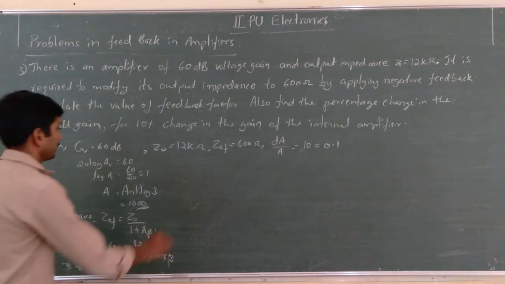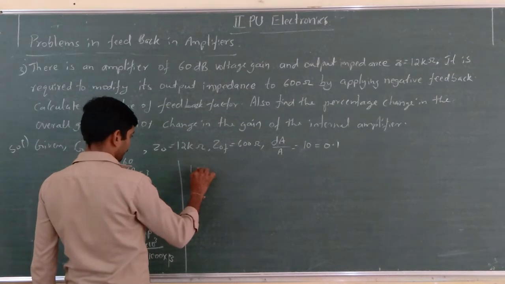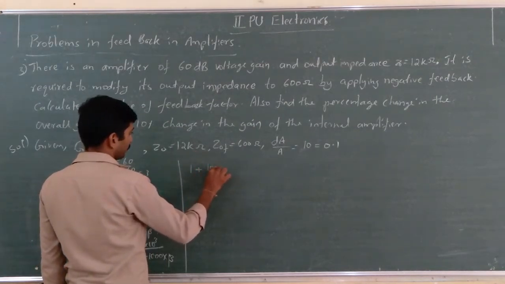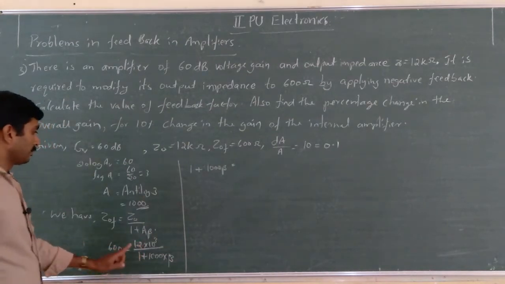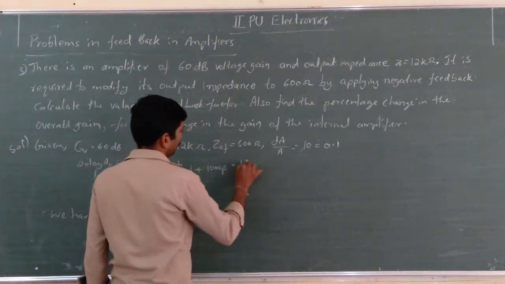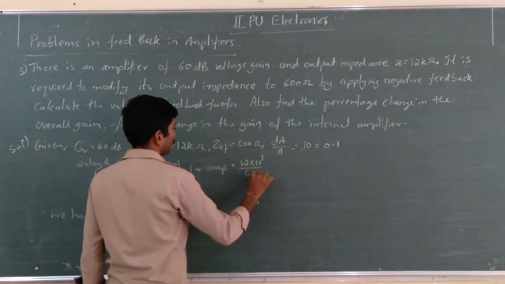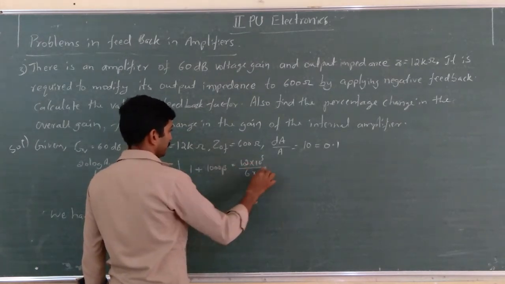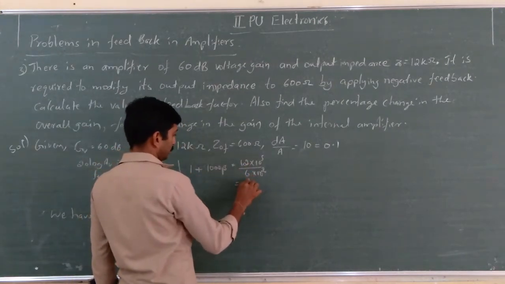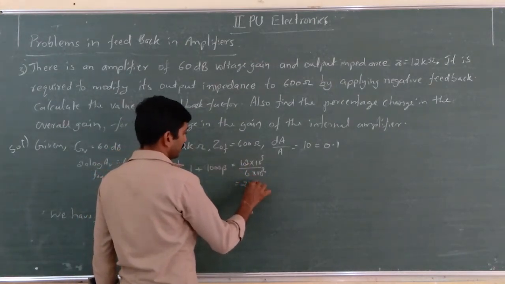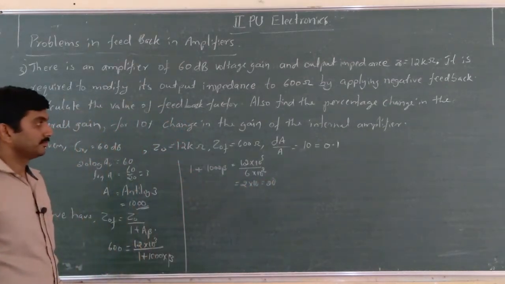So, simplify it: 1 plus 1000 beta is equal to 12 kilo ohm divided by 600, 12 into 10 to the power 3 divided by 6 into 10 to the power 2. So, here you will get the value 2 into 10 equal to 20.